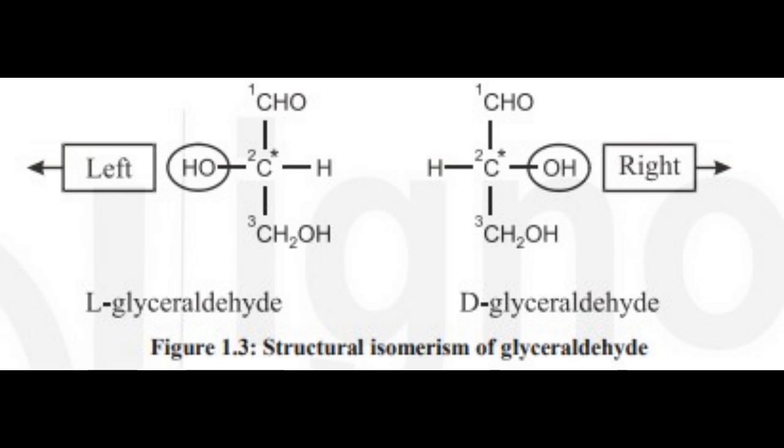Structural isomerism of glyceraldehyde. Another type of stereoisomerism, known as epimerism, occurs with respect to a single asymmetric carbon atom of a monosaccharide possessing more than one asymmetric carbon atom. In figure 1.4, there are 3 6-carbon hexose sugars. 4 carbon atoms, C2, C-3, C4 and C-5, are chiral atoms.